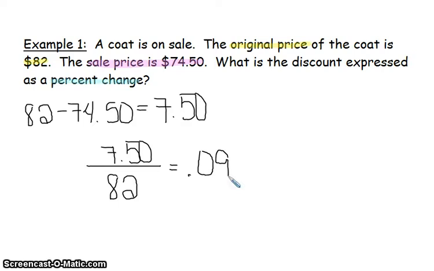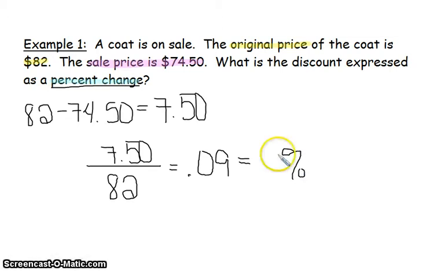Now, that's the decimal, and we are wanting to know the percent. So we've got to think backwards from what we did in the last video. Instead of going from percent to decimal, we now have to go from decimal to the percent. So we've got to figure out what is 0.09 as a percent. Well, just like we had in the last video, you can use the shortcut.